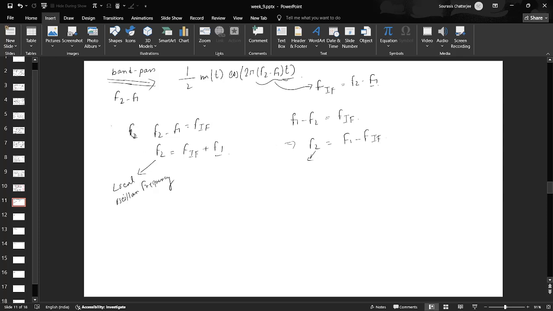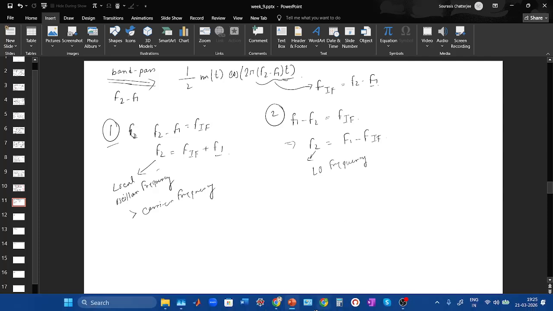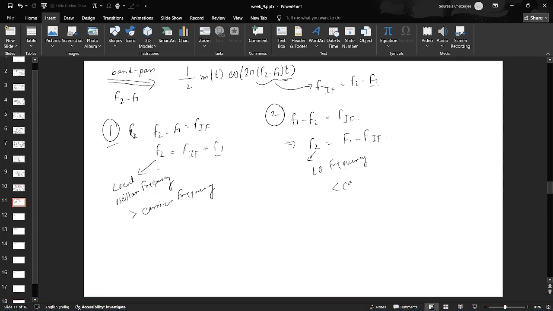So there is one scenario, let's say this is 1, this is 2. In this scenario, your local oscillator frequency is greater than the carrier frequency, and in this case your local oscillator frequency is lower than your carrier frequency, because it's f1 minus FIF.